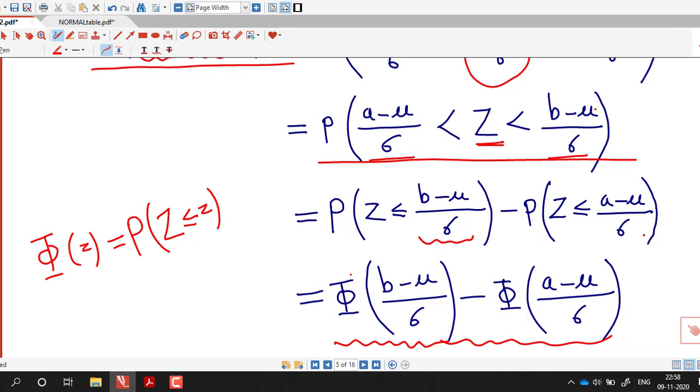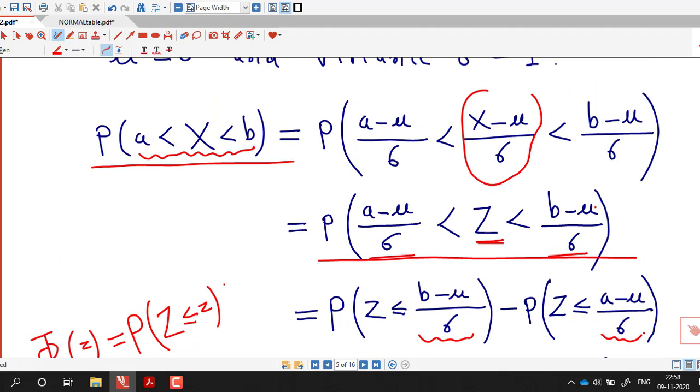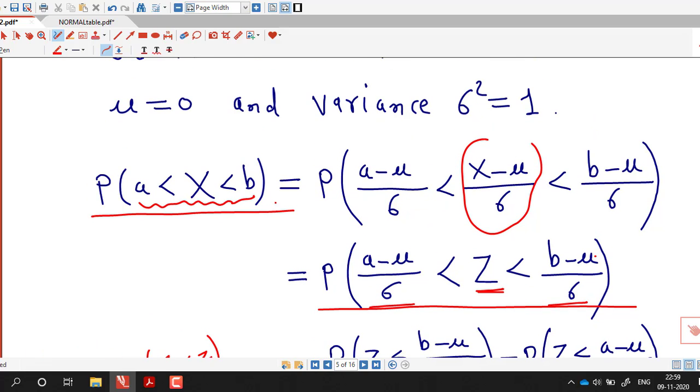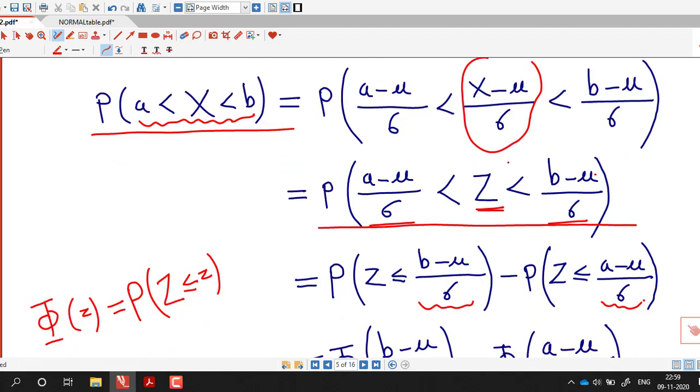Here instead of z we have b minus mu over sigma, and here we have a minus mu over sigma. So if we are interested in calculating normal probabilities, it is better to convert them in terms of standard normal probabilities by standardizing the normal random variable capital X as z equal to x minus mu over sigma.